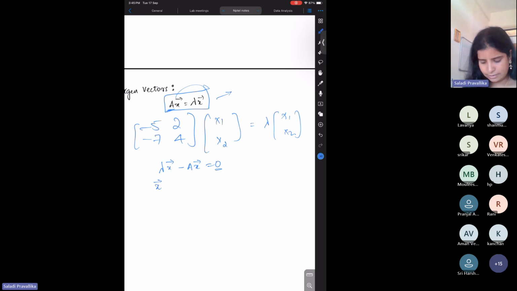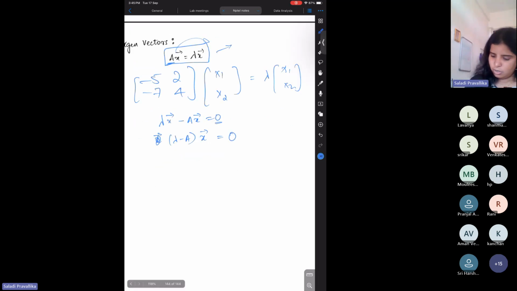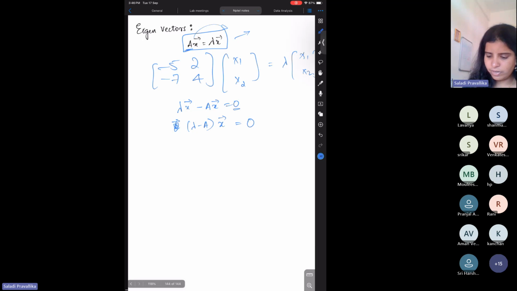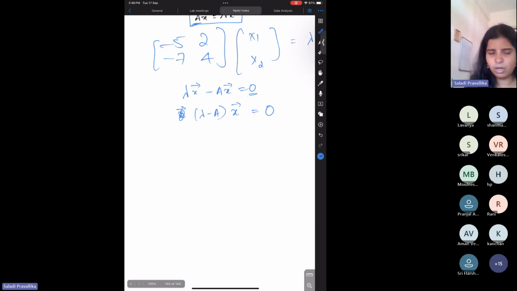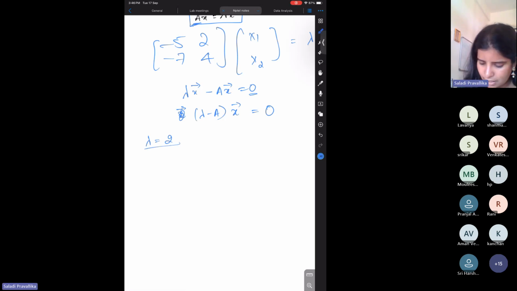I can take x common, and that is equal to 0, right? So we already have two eigenvalues, right? We can take one of them. Let us say I want to take lambda equal to 2 for now. Okay. So I simply can't write lambda like this. Instead, I have to write it as lambda times some identity matrix.